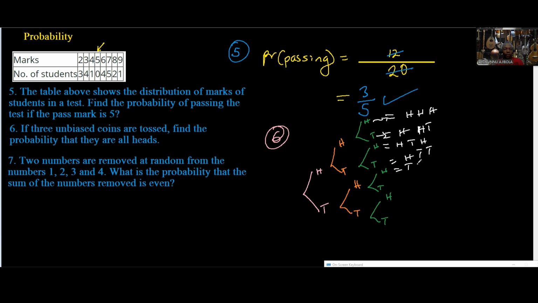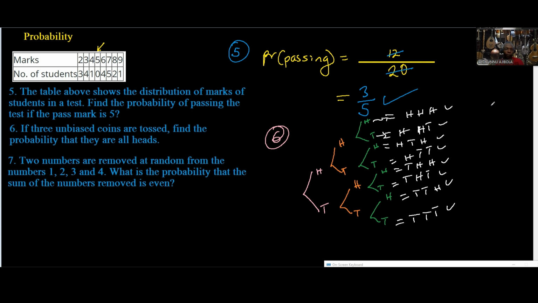And this next one is tail, head, head, then tail, head, tail, and tail, tail, head, then finally tail, tail, tail. So the total number of possibilities here is 8.